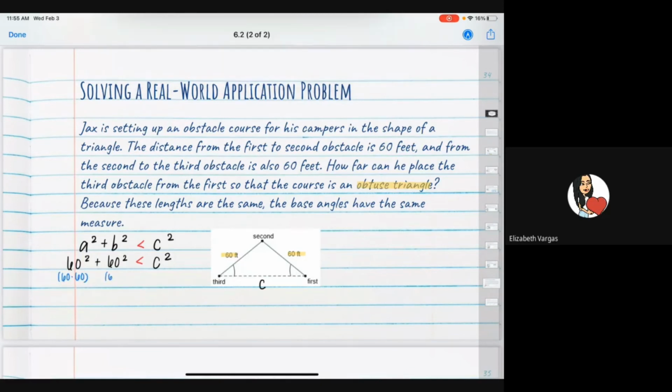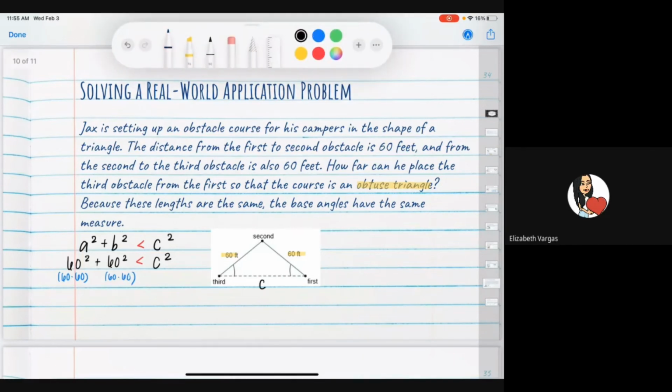Again, this means 60 times 60. This also means 60 times 60. 60 times 60 is 3,600, which when we add it together must be less than the square of my remaining side.